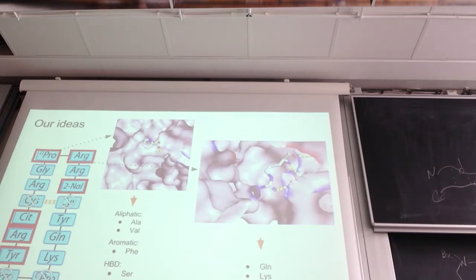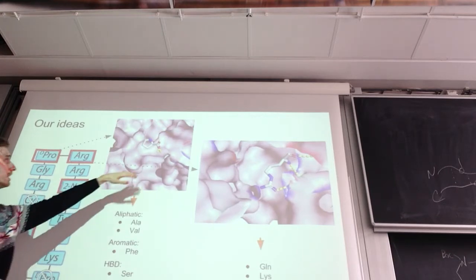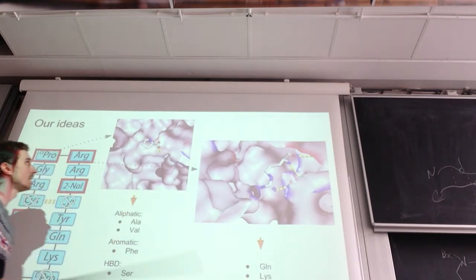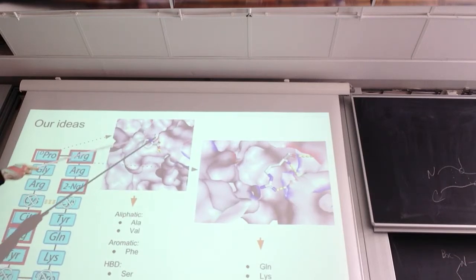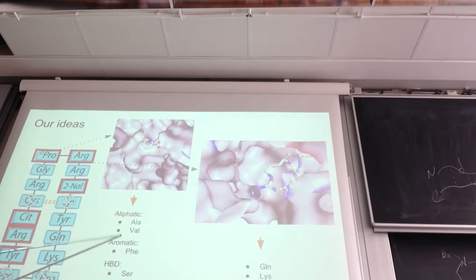So what can we change? Let's start from G-proline. You can see as we have a cyclized form of G-proline, it doesn't form this interaction. So we can change it, and there is a lot of free space here. So we can change it to an aliphatic, aromatic, or hydrogen bond donor residue.